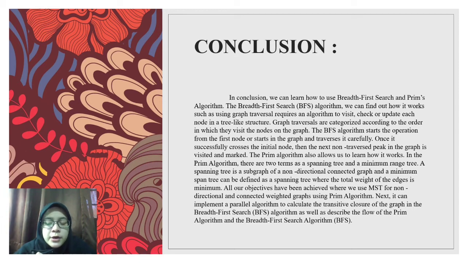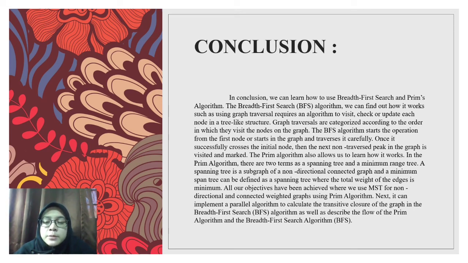The BFS algorithm starts the operation from the first node or start in the graph and traverses it carefully. Once it successfully crosses the initial nodes, then the next node in the graph is visited and marked.